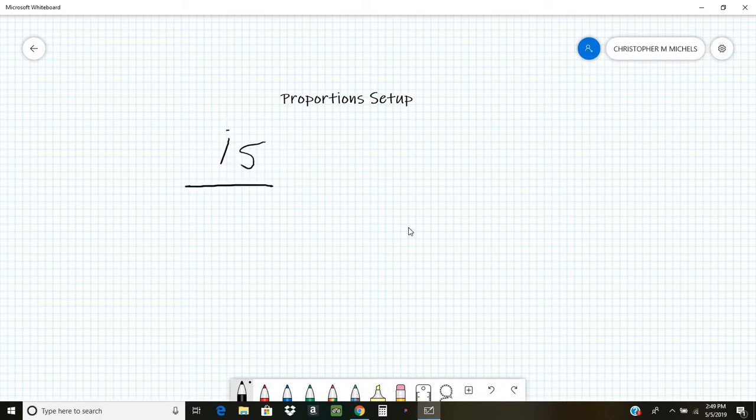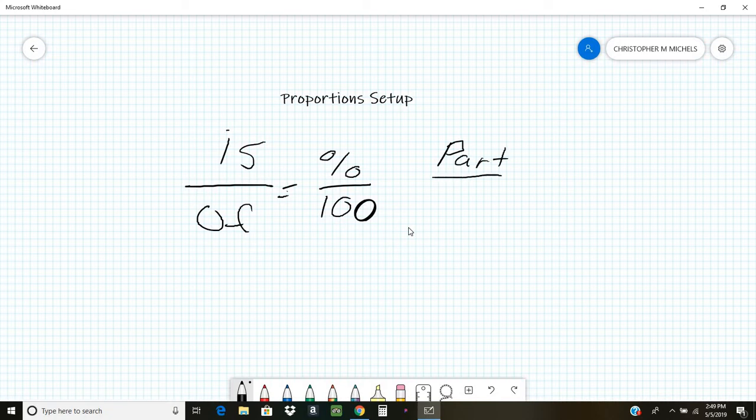It's the is over the of equals what percent you're trying to find over 100, or it's the part over your base or whole, whatever term you want to use, still equals your percentage over 100.